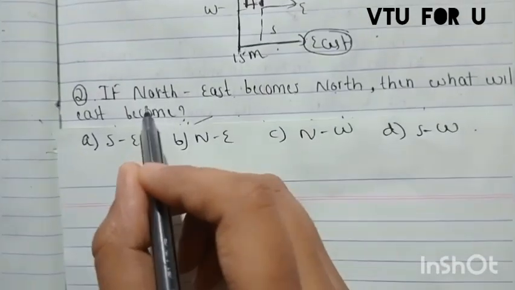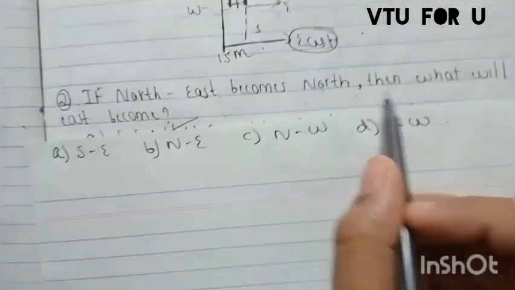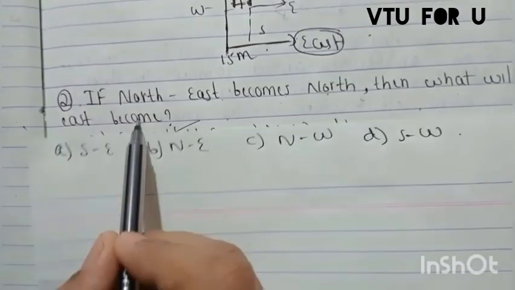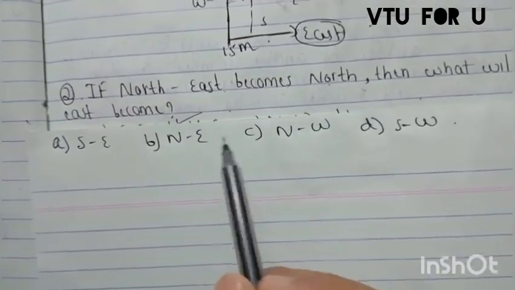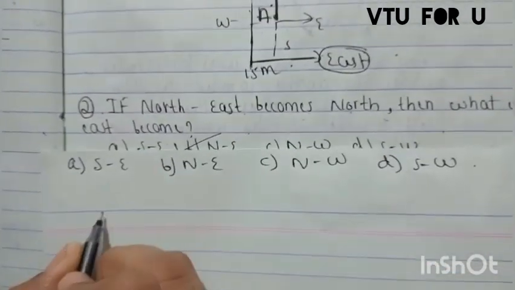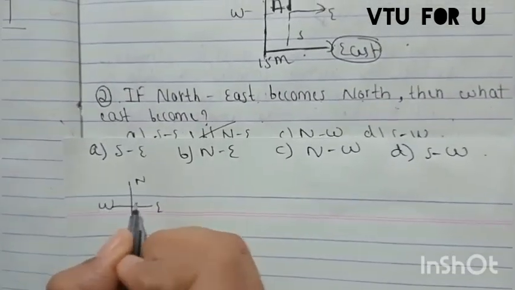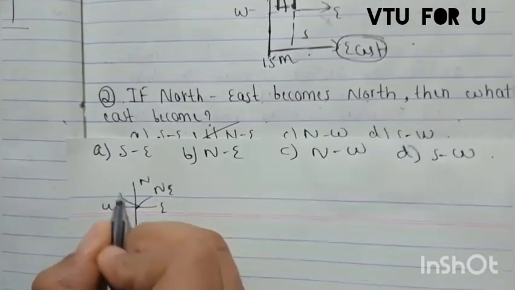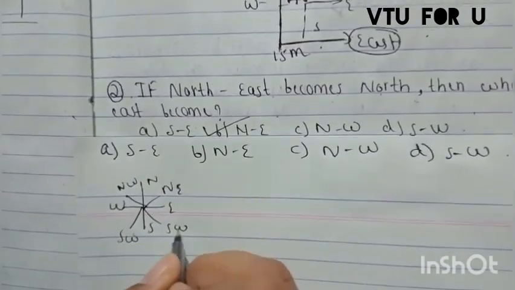Let's move to the next question. If northeast becomes north, then what will east become? Is the question. Options are A southeast, B northeast, C northwest, and D southwest. So first of all, you should know north, south, east, west, northeast, northwest, southwest, and southeast.